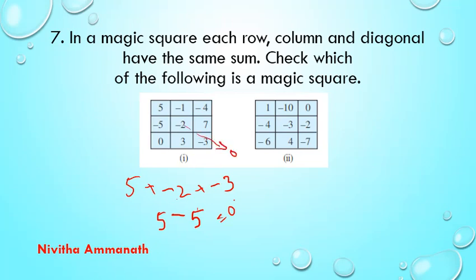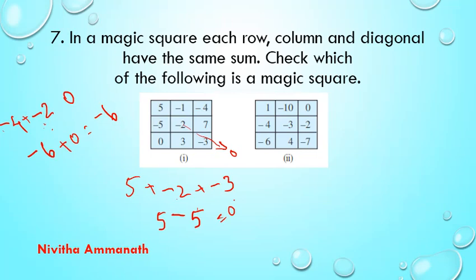And the next diagonal is minus 4, minus 2, 0. Two negative integers we have to add. How to add? You add them and then put the negative sign. So minus 6 plus 0, that is minus 6.